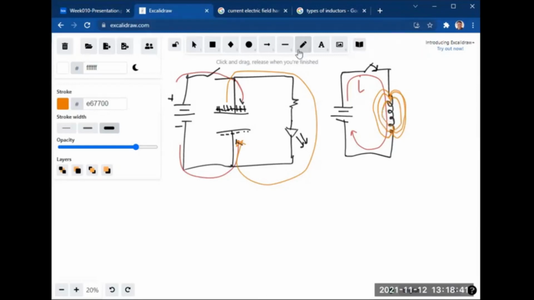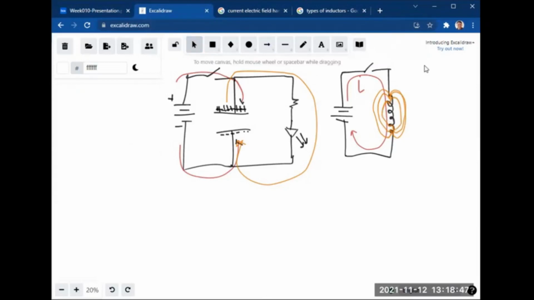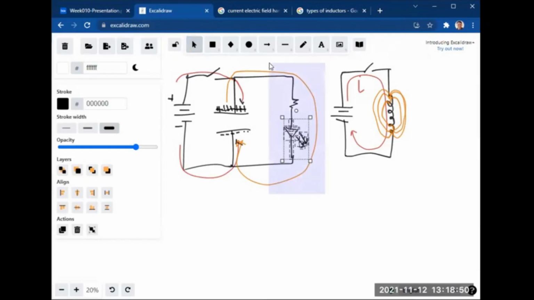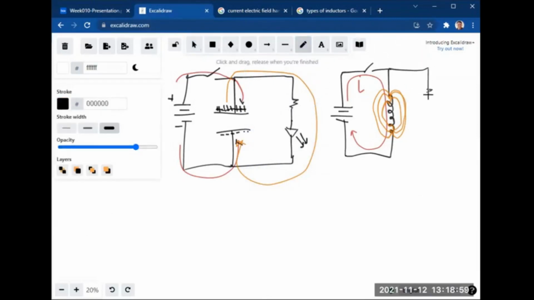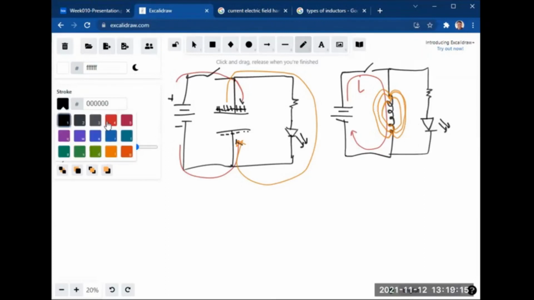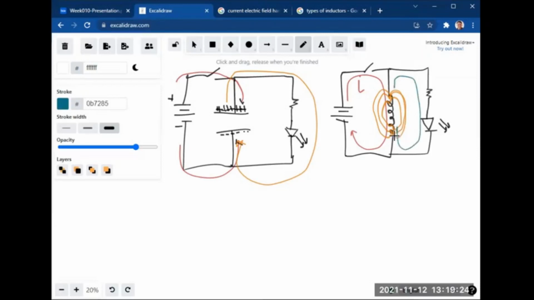If the voltage source or the power source is cut off from our inductor, this magnetic field will then be converted to current, and that will be the one that supplies power to the circuit.